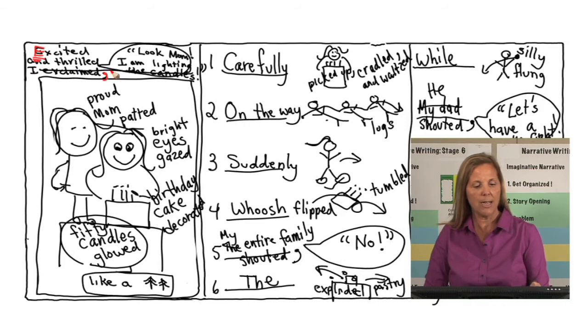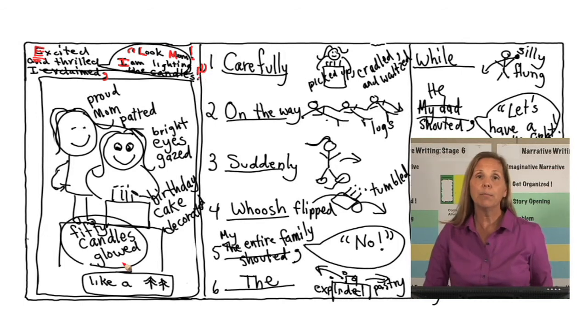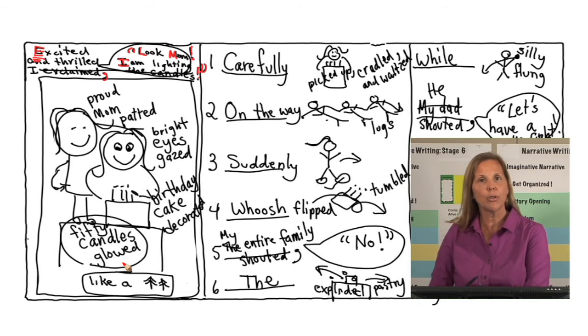I'll have my comma, I'll have my quotation marks. Anything that needs to be capitalized or any punctuation, I'm going to go back and I'm going to label with my red pen. The labeling of the different sentences is a fabulous way for you to help your kids remember to put all those marks as they write. If they already do it, you don't need this step in your paper.